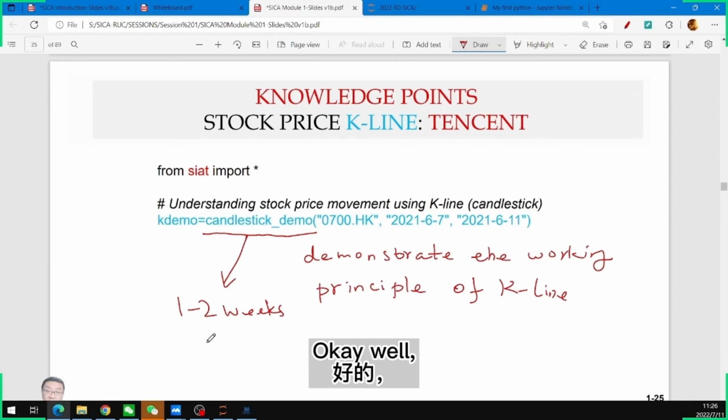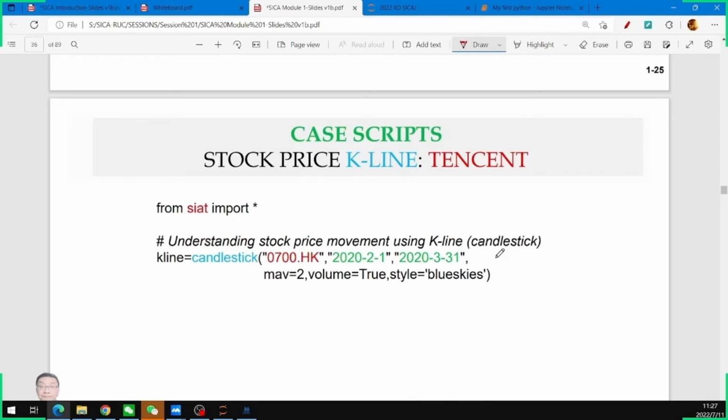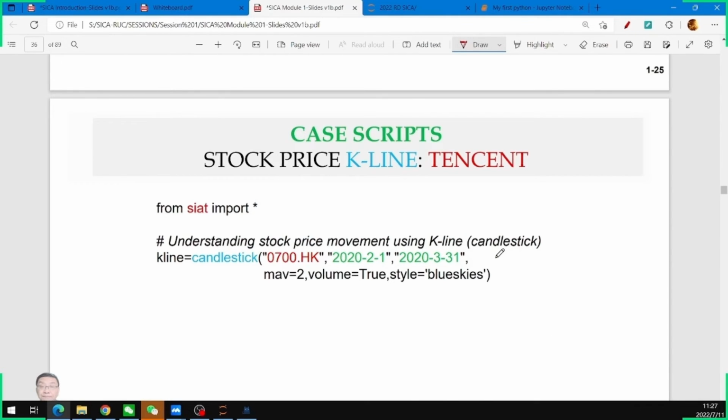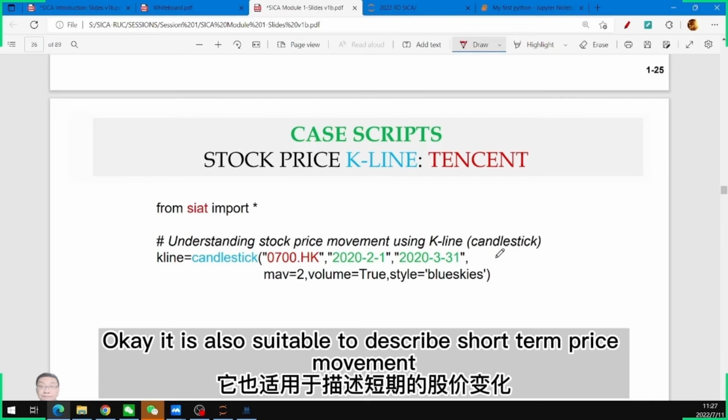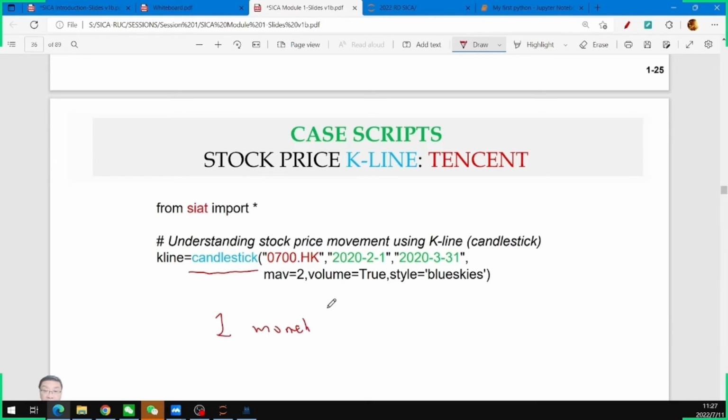Okay. This Python command can describe a little bit longer periods, such as 1 month. It is also suitable to describe short-term price movement, but there are no lines connecting each other.